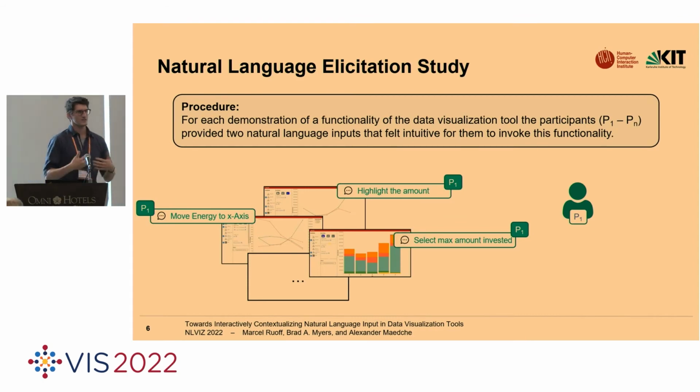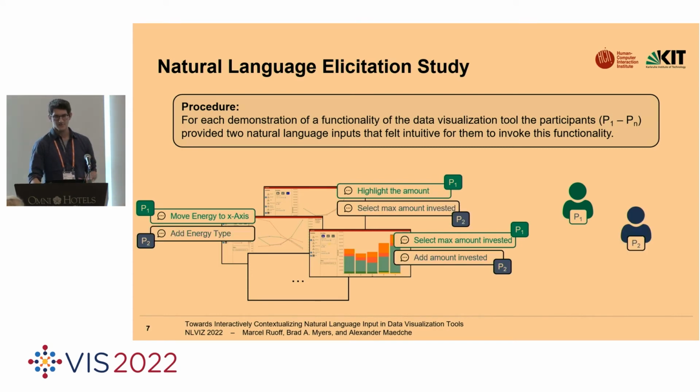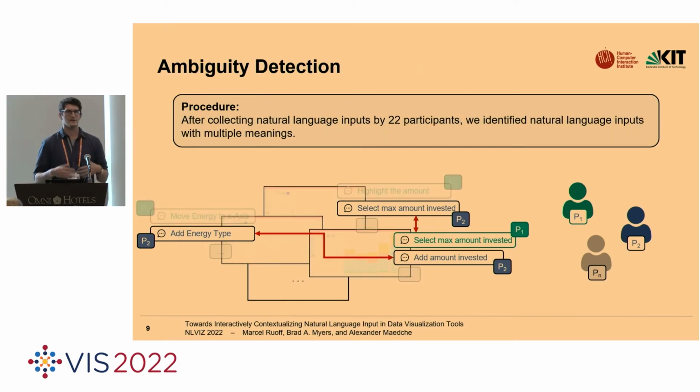In our natural language elicitation study, we followed this procedure. Each participant had to provide 2 natural language inputs which were intuitive to them for each of the 40 functionalities of the data visualization tool. We repeated this for 22 participants until we reached a large enough sample, and then tried to detect these ambiguities.